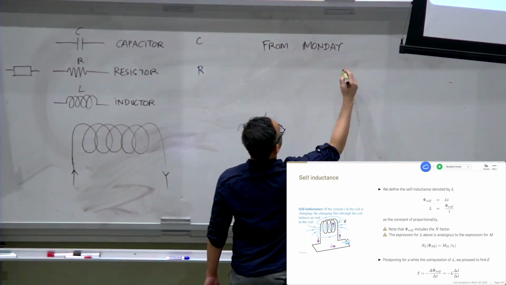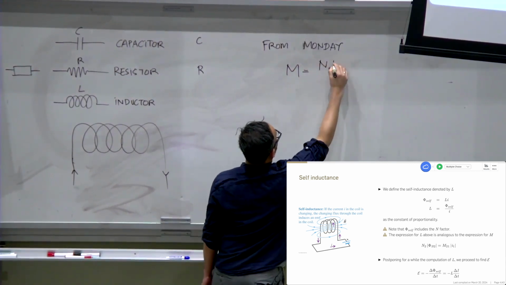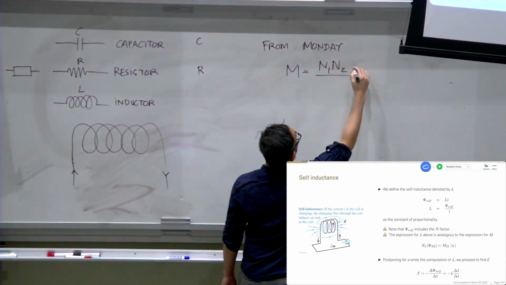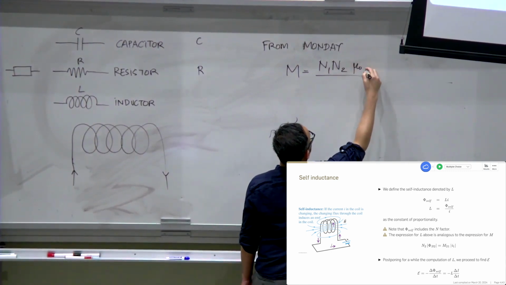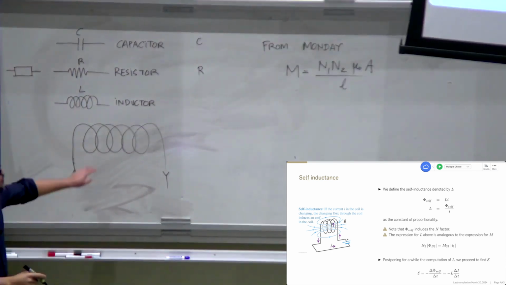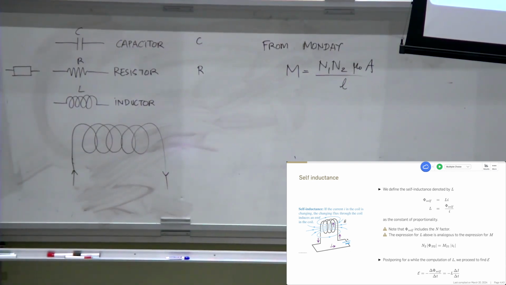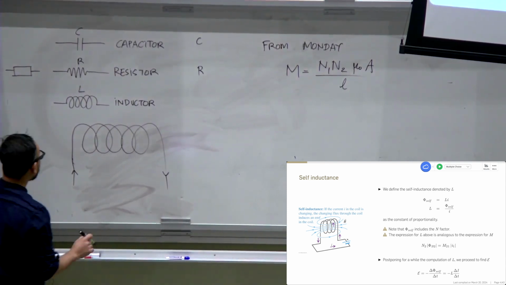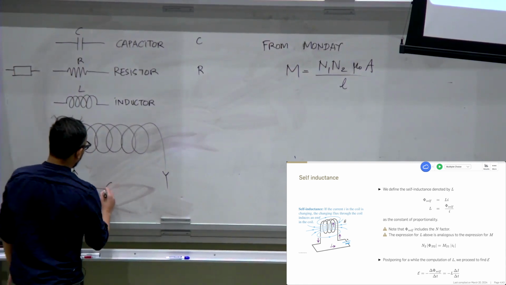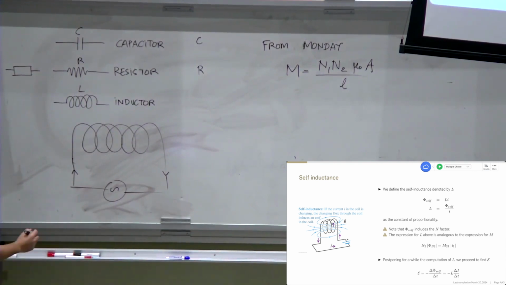So from Monday, M, the mutual inductance, is equal to N1 N2 times mu naught, I think A, divided by L. On Monday, we discussed communication between two coils. But right now, we only study one coil. And here, you still have to supply AC current.